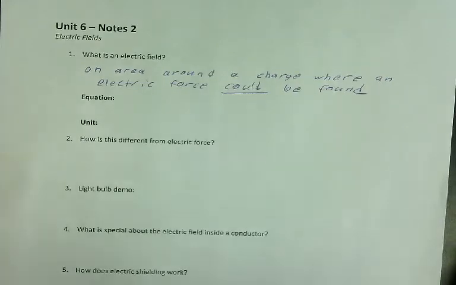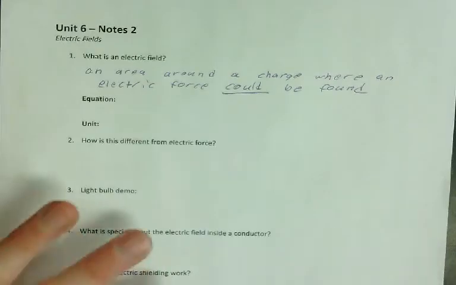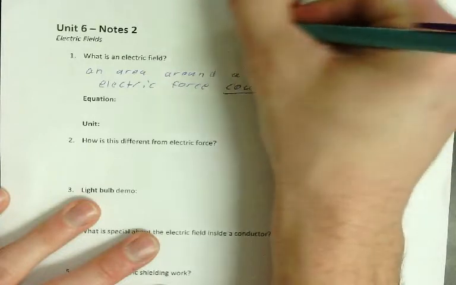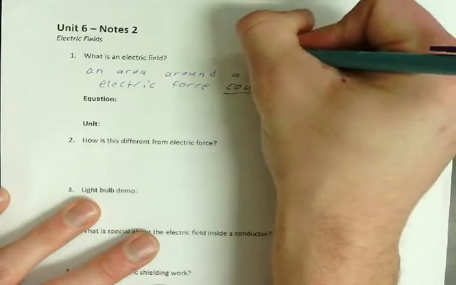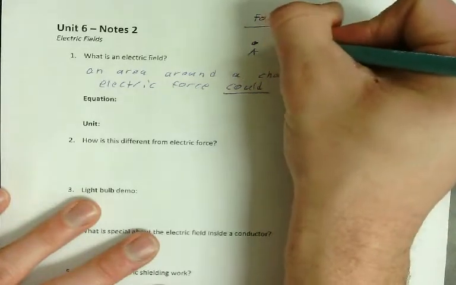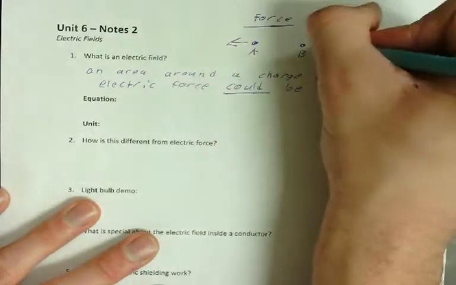Now, here's why that is. An electric field exists independent of charge, which means it does not matter what the second charge is. When we did force, we had charge A and charge B, and they repelled or attracted each other.